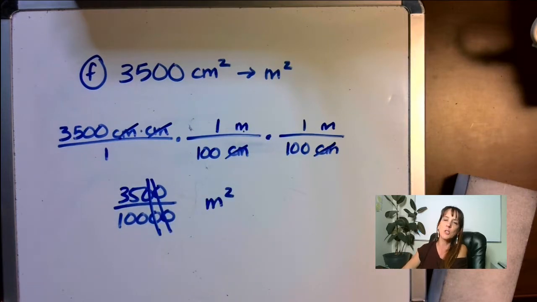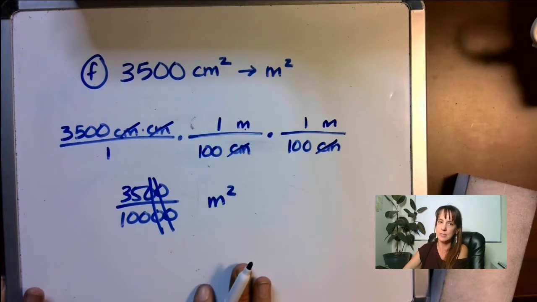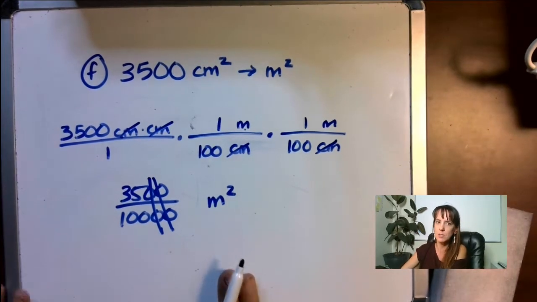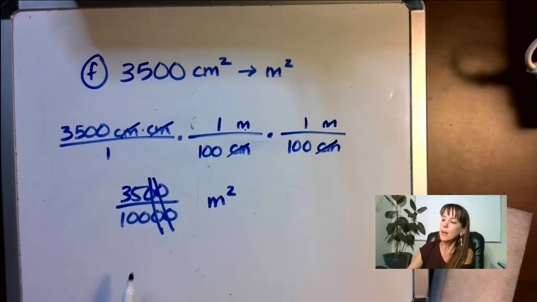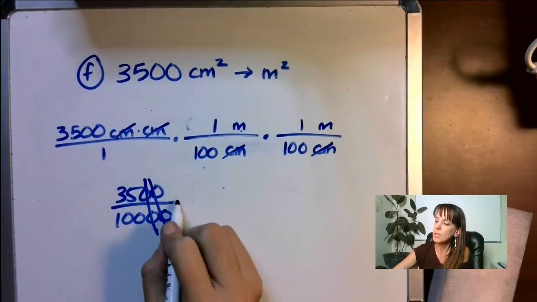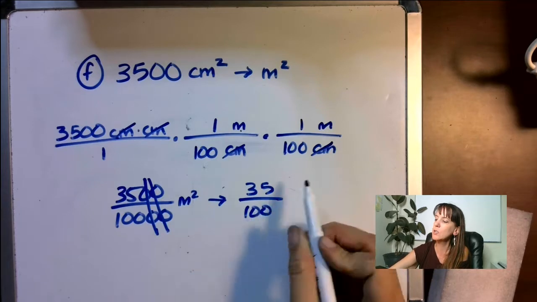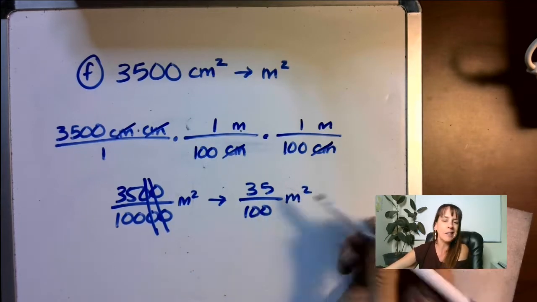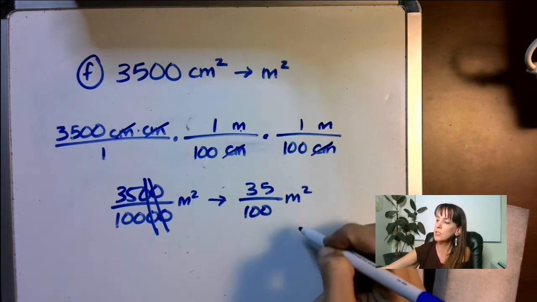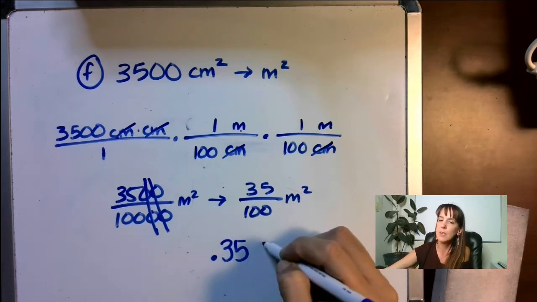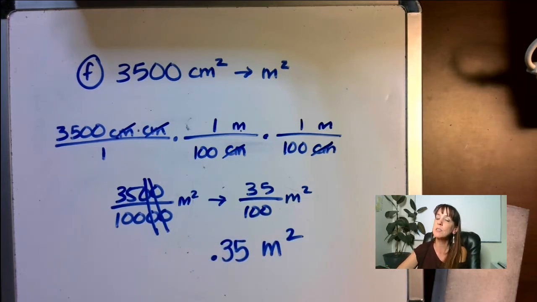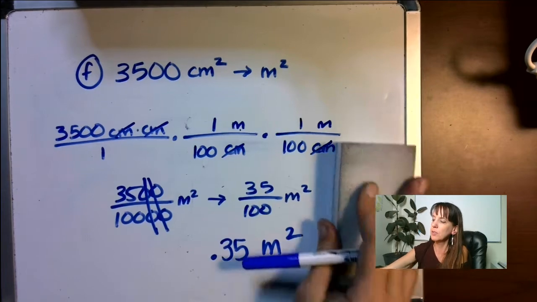So what this really is is 35 over 100 meters squared. Anything over 100, we can just move the decimal, so it's just 0.35 meters squared. So the metric system is a lot easier, but you'll get used to both of them. All right, that was F.